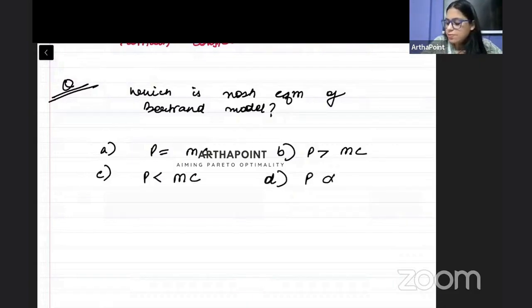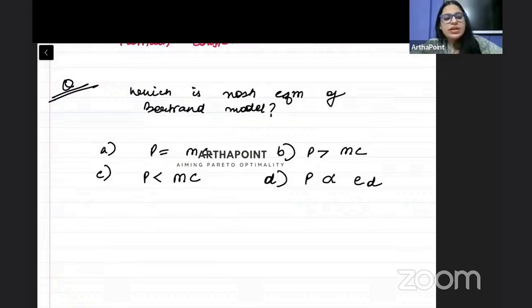Option number D, P proportionate to elasticity of demand. Which of the following is the Nash equilibrium condition of the Bertrand model? इनमें से कौन सा Bertrand के Nash equilibrium को reflect करता है? Price equal to marginal cost, price greater than marginal cost, price less than marginal cost, or price proportionate to elasticity.